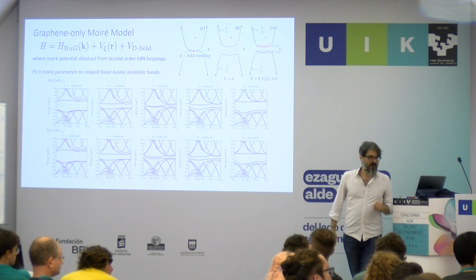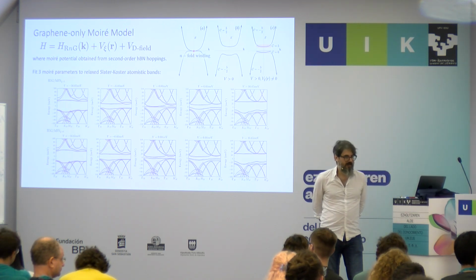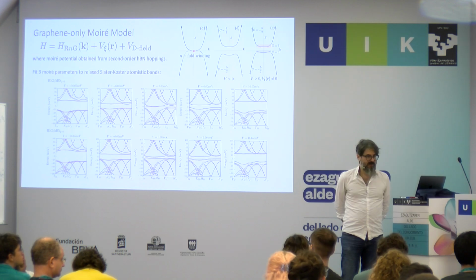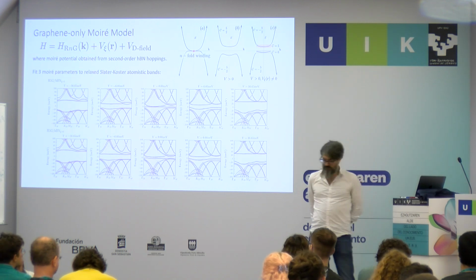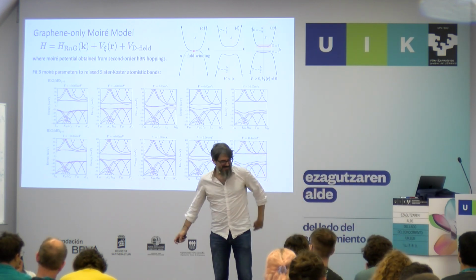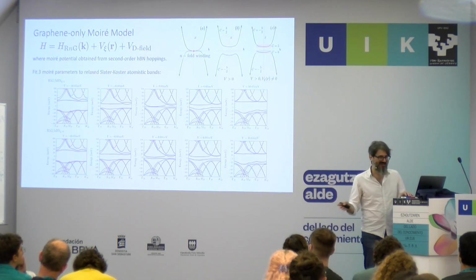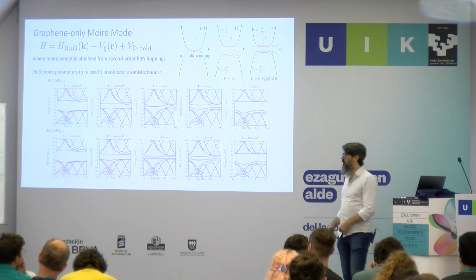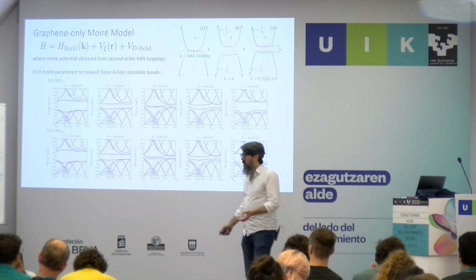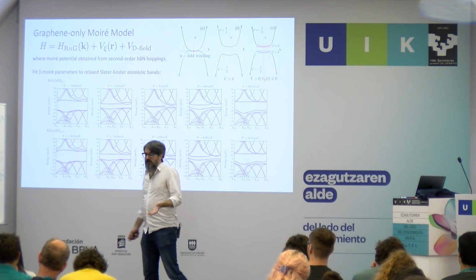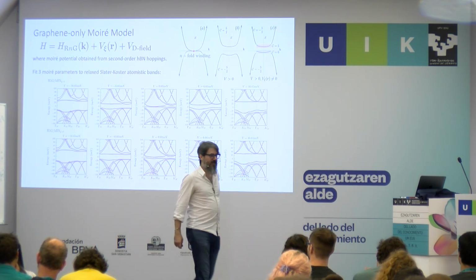If it doesn't feel the moire so strongly, then what about the folding? Then why am I folding? Yeah, very good question. That's exactly the point of the next part of the talk. Why am I folding?